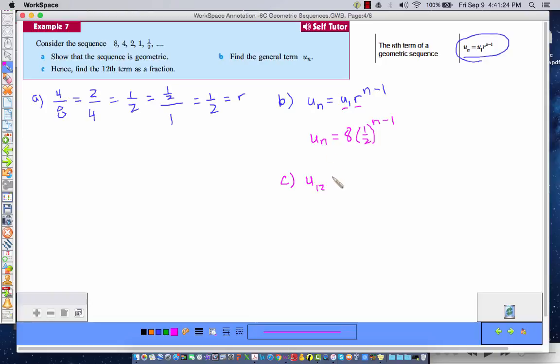So u sub 12 is equal to 8 times 1/2 to the 12 minus 1. And of course, 12 minus 1 is 11.